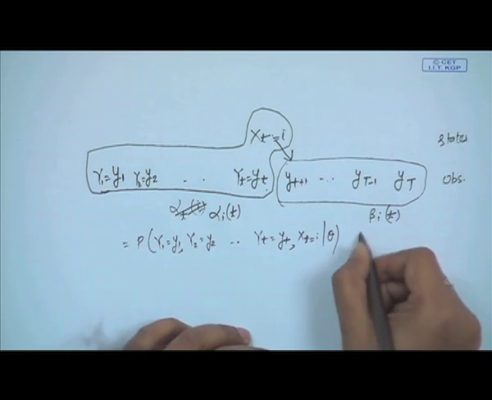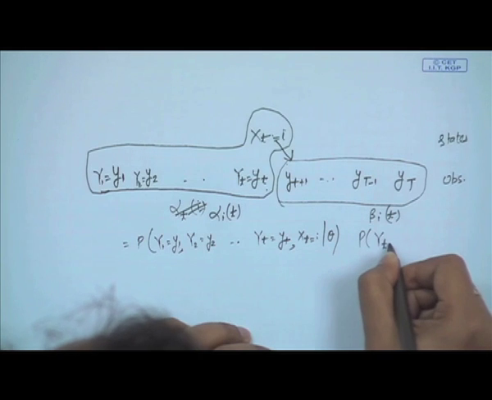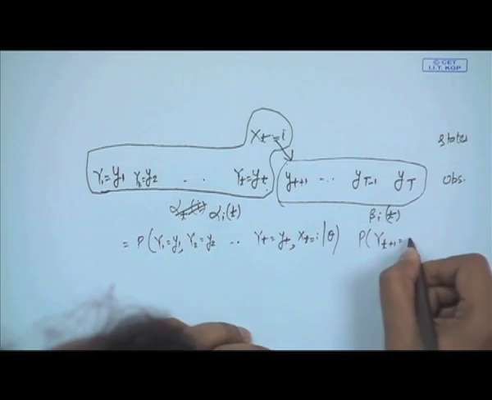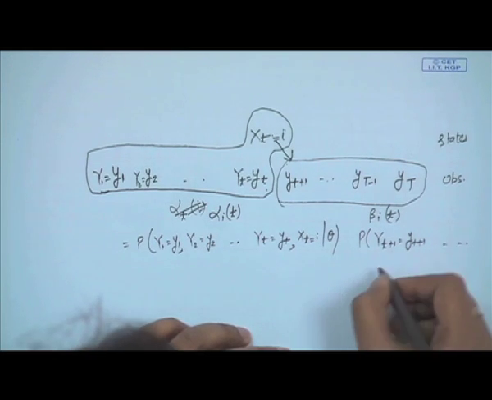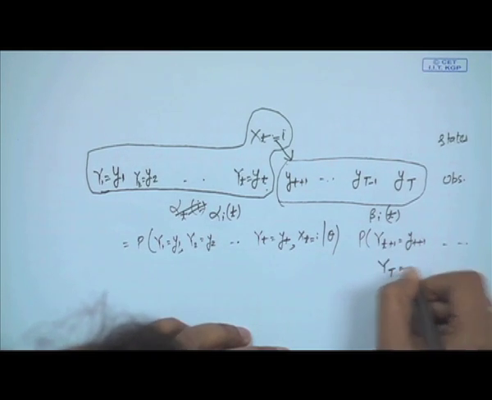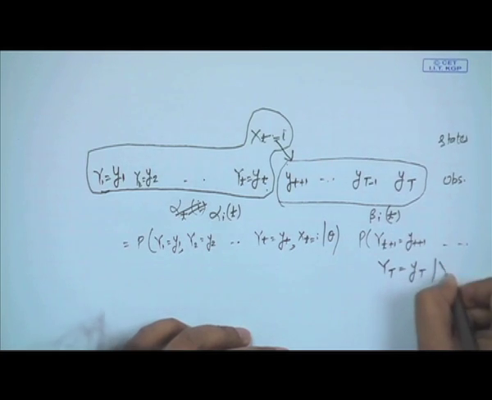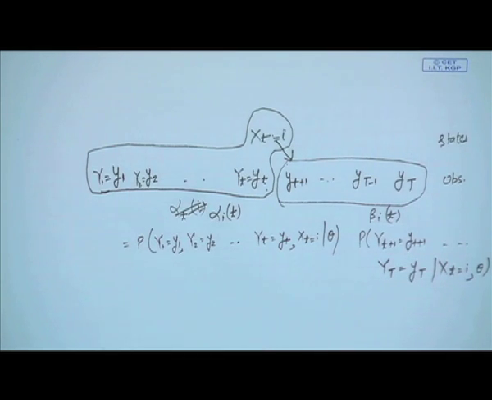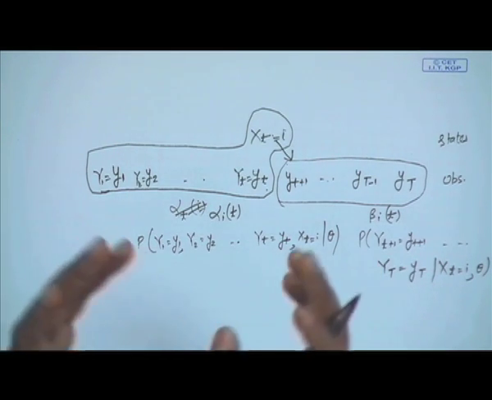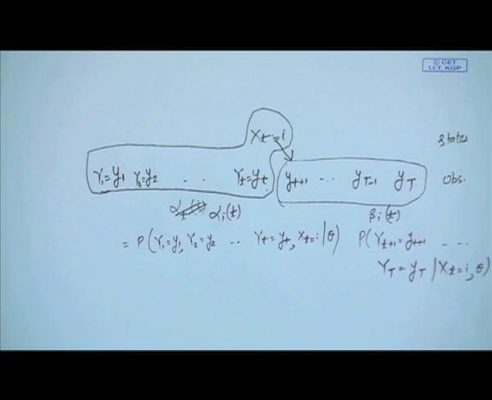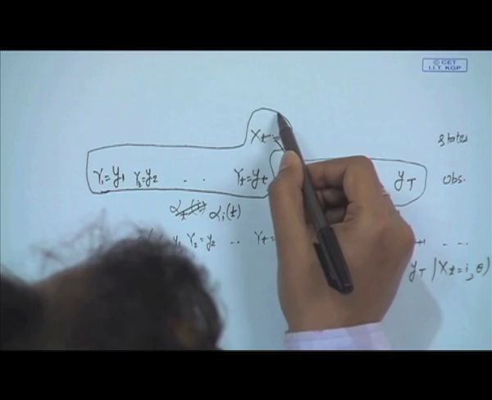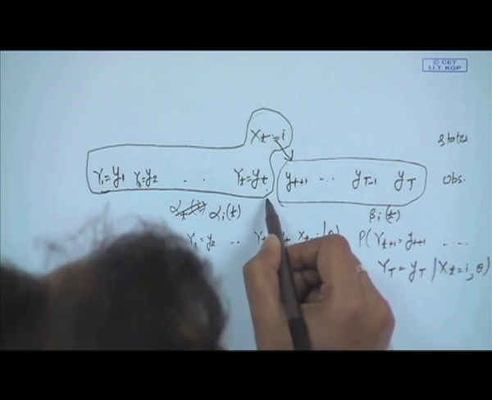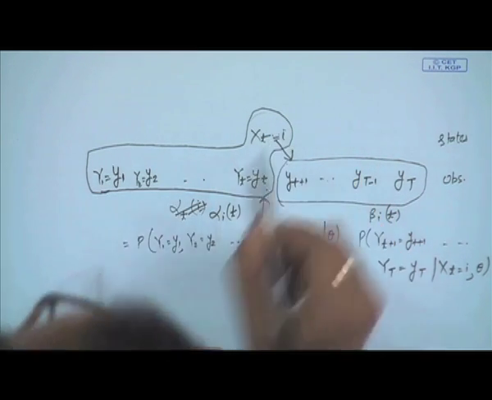That is the probability that Yt plus 1 is small yt plus 1 up to capital YT is small yT given xt is equal to i and theta. So, these are the two different probabilities that I store. What do you see here? I am taking just a state at a particular time t, a particular state i.